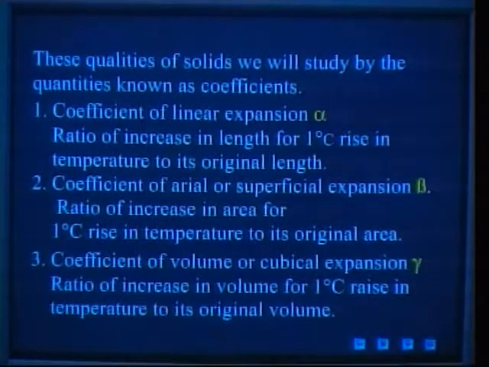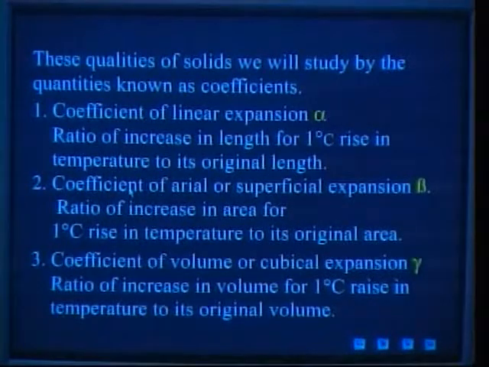When heat is supplied to a solid in the form of rods or wires, there will be expansion along the length. It is known as linear expansion. This is studied by the coefficient of linear expansion, alpha. It is defined as the ratio of increase in length for 1 degree rise in temperature to its original length.